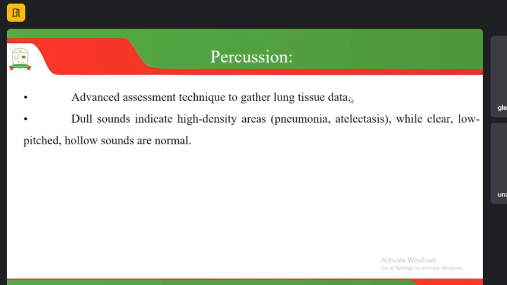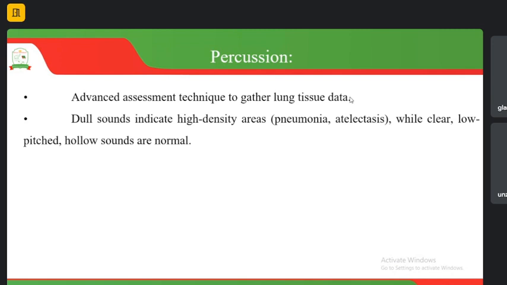So if you percuss and you find the sounds are very clear, showing you there is nothing obstructing the airway, and they are low pitched, not very loud, and it is a hollow kind of sound, it shows there is a space, that is the hollow sound. So meaning there is nothing obstructing. That is the normal one.